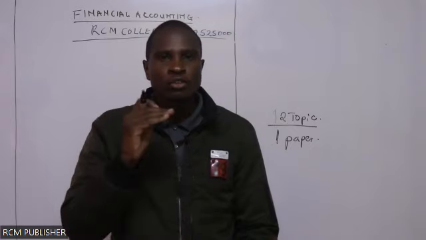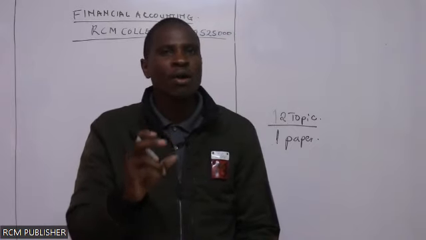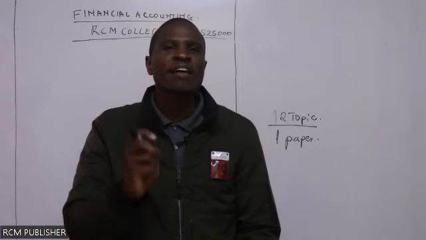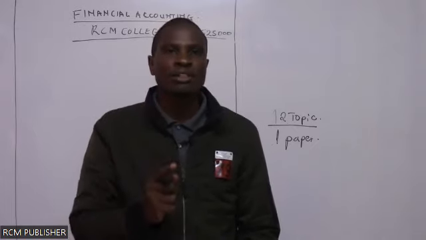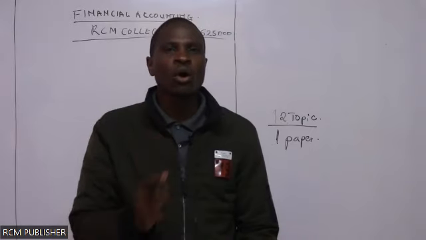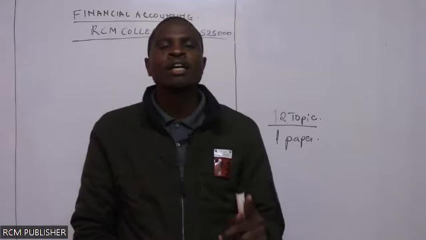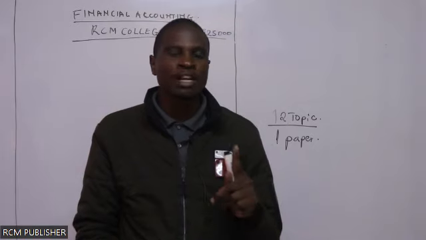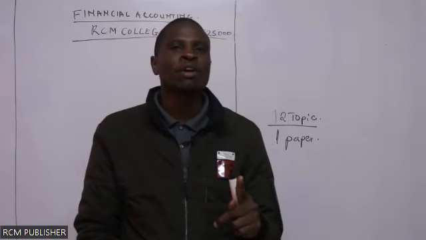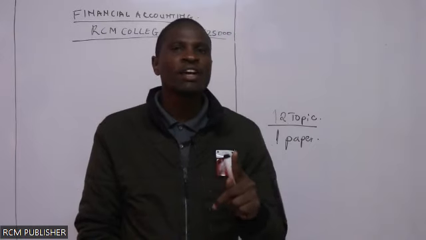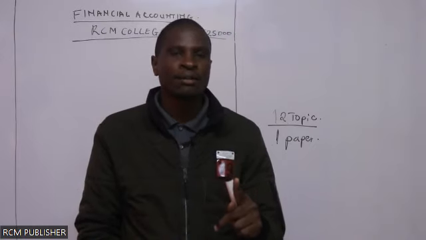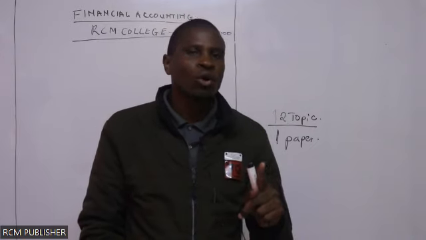Remember, from the source document is where we get the evidence of any transaction. If you are an accountant and you're not able to keep your source documents, that means there's a problem. Source document is your evidence. For every transaction done, there must be a source document.